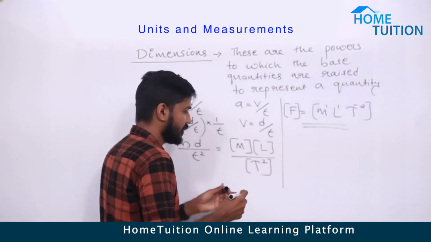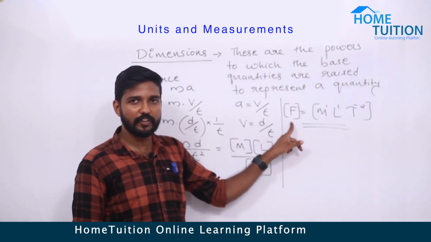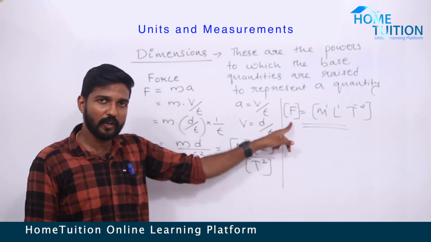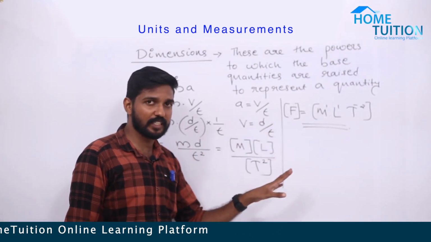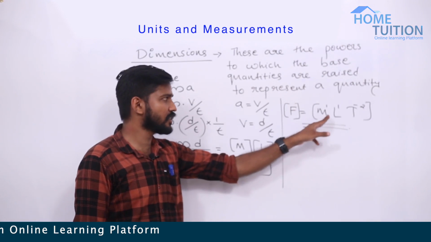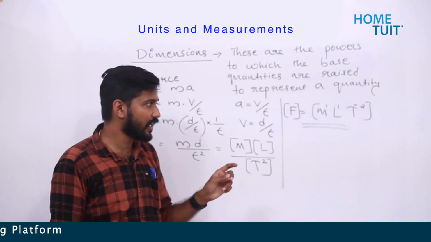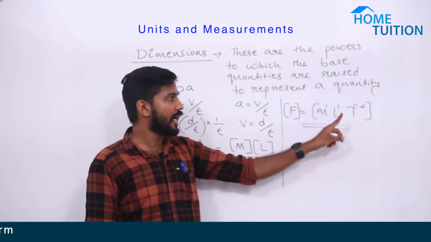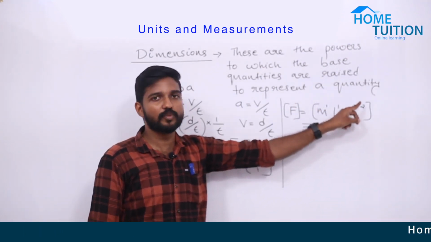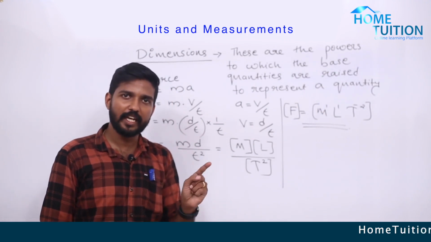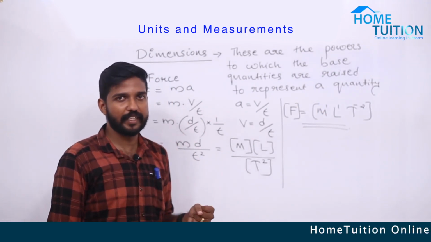See, now the derived quantity force is represented in terms of mass, length and time, that is M raised to 1, L raised to 1, T raised to minus 2.